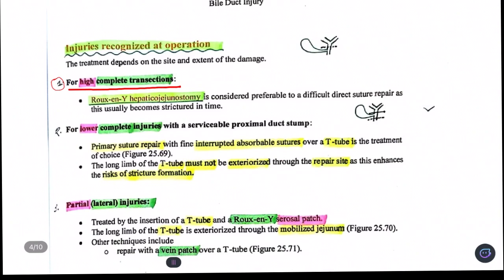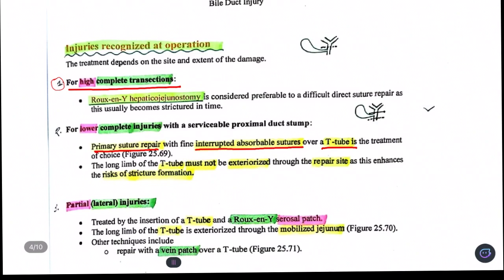So, if there is a complete injury with a serviceable proximal duct stump, we should go for primary suture repair. We have to repair primarily, with fine interrupted absorbable suture over a T tube, and it is the treatment of choice.